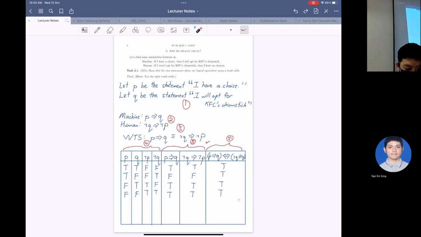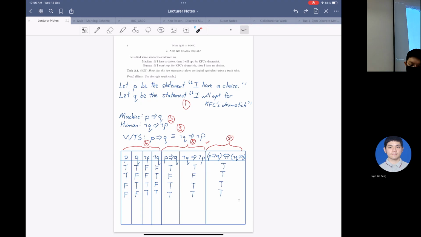Then I gave another compound proposition so that you will notice that it is actually a contrapositive. And in this question, I ask you to prove that a statement is logically equivalent to its contrapositive.